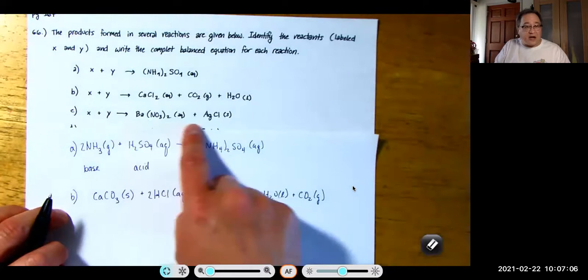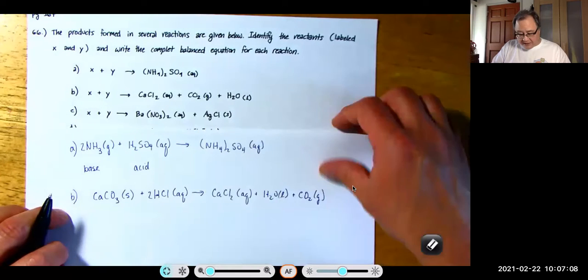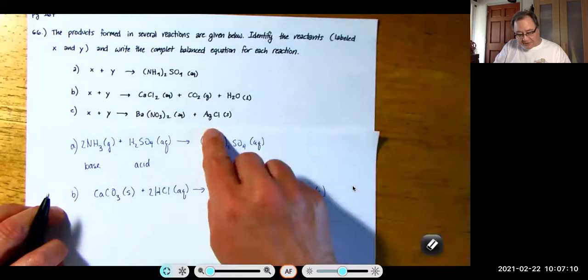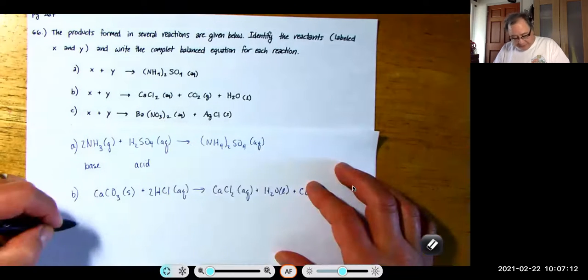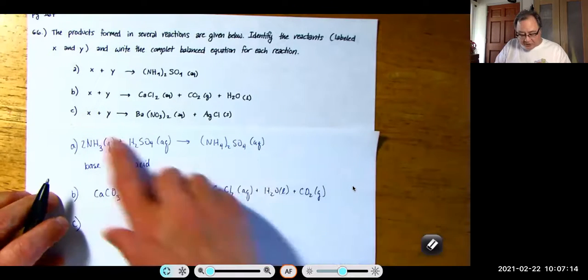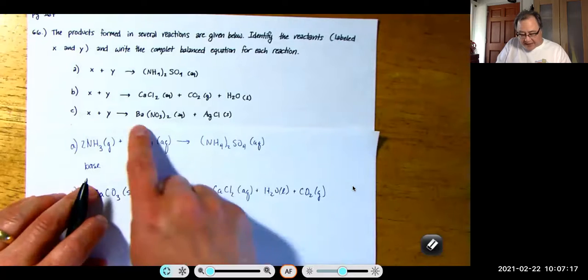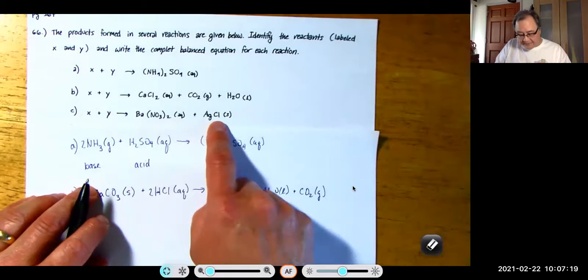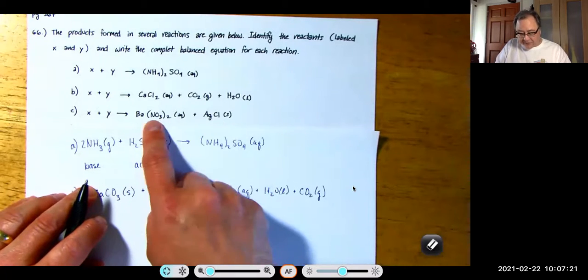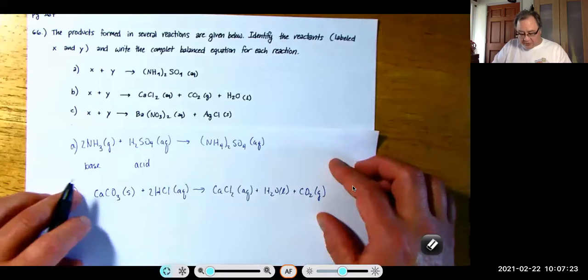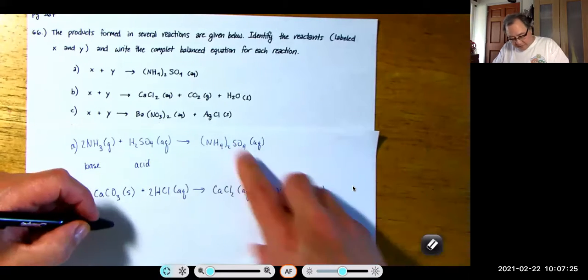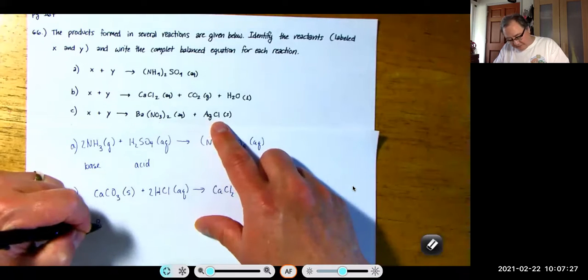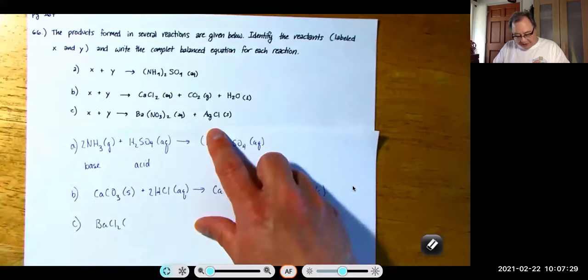It looks to me like an ionic solid. And so I think that this is going to be a precipitation reaction. So for a precipitation reaction, all I'm going to do is take that and combine it with chlorine, and that and combine it with silver. This one, I know that if I start with barium chloride, I need 2 chlorides.